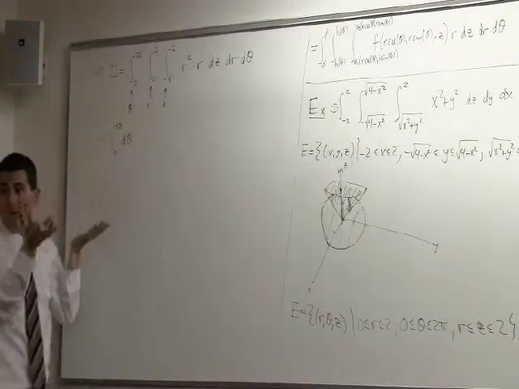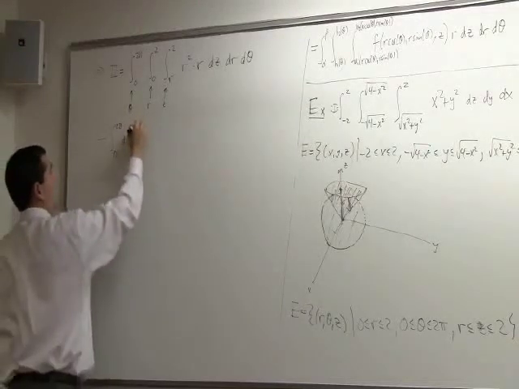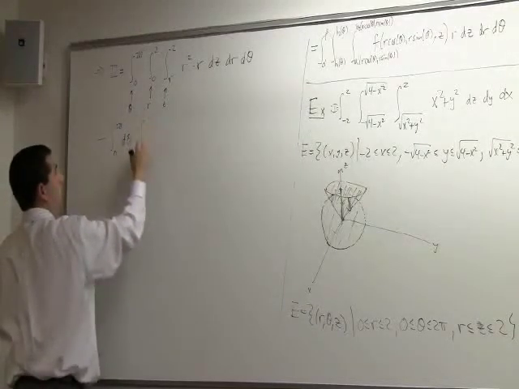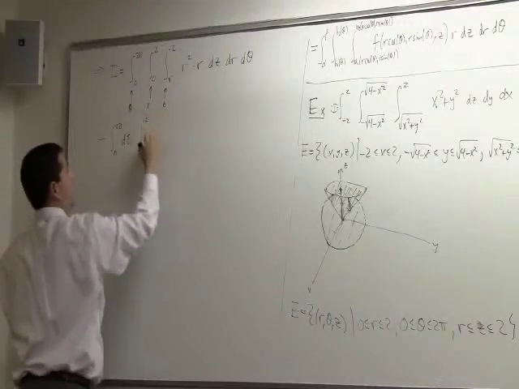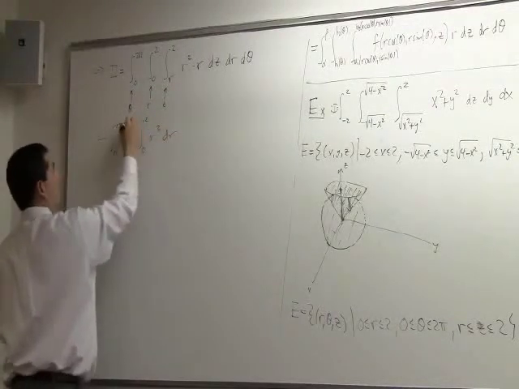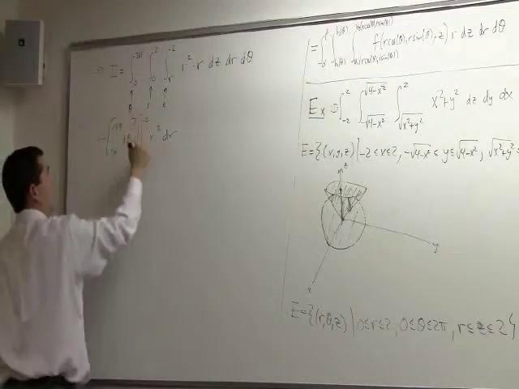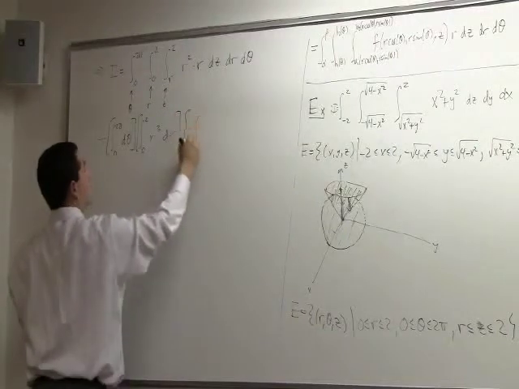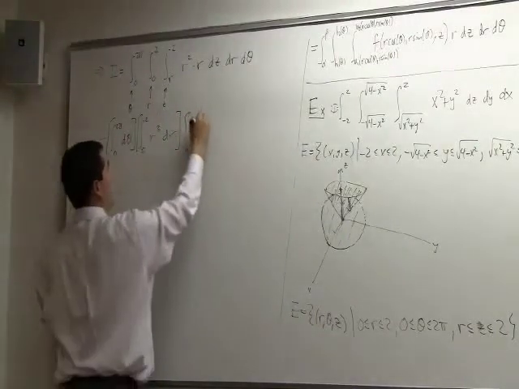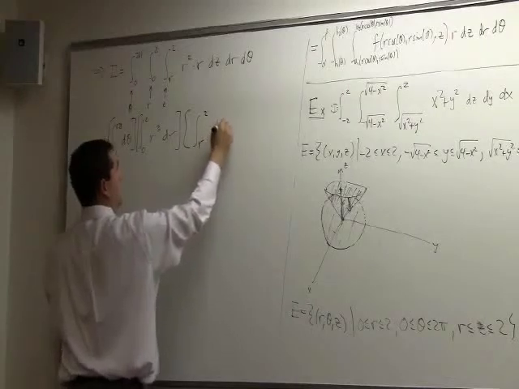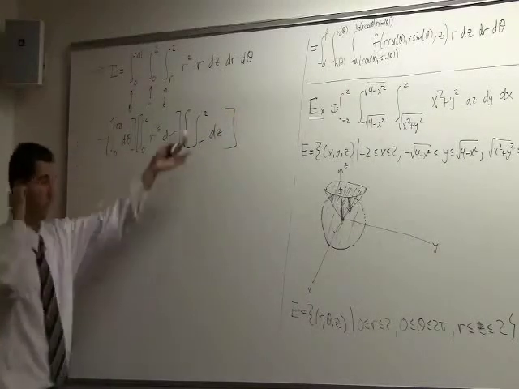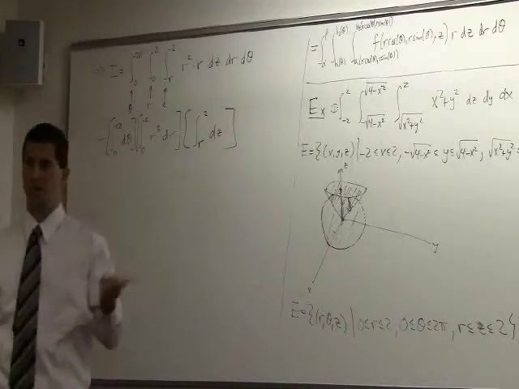There's no theta in there, so you can pull it out. Then the r is the integral from 0 to 2 of r cubed dr. And then the last one is the integral from r to 2 of dz, because there's no z's in here. And this will make things a little easier to compute.